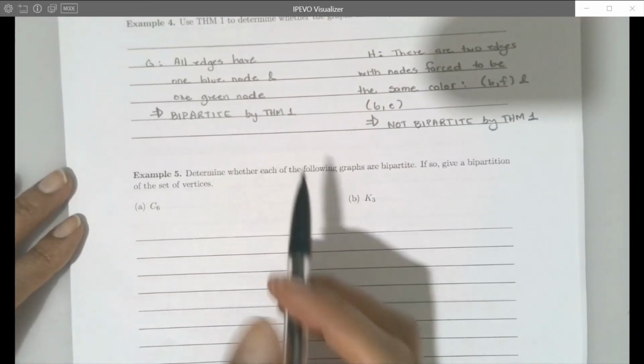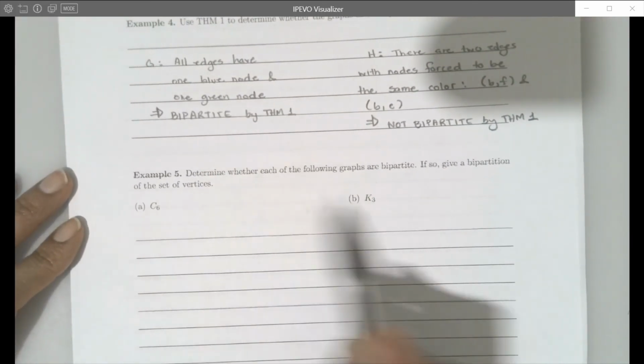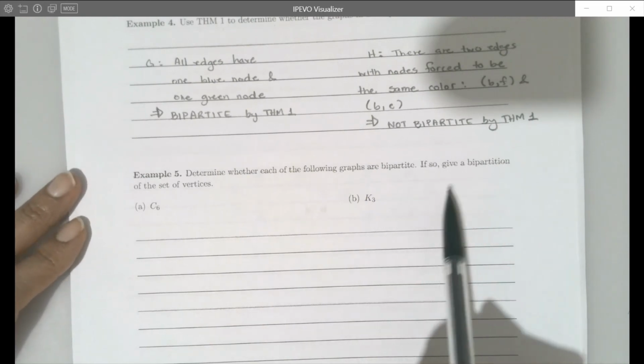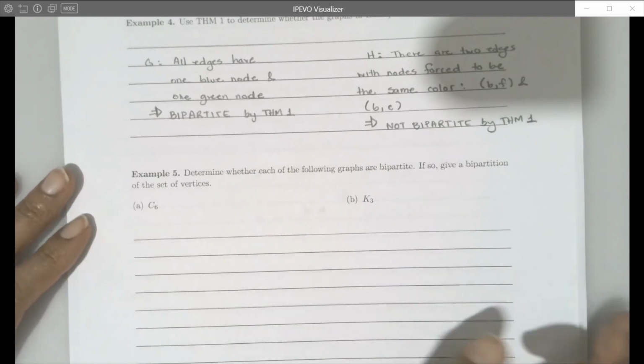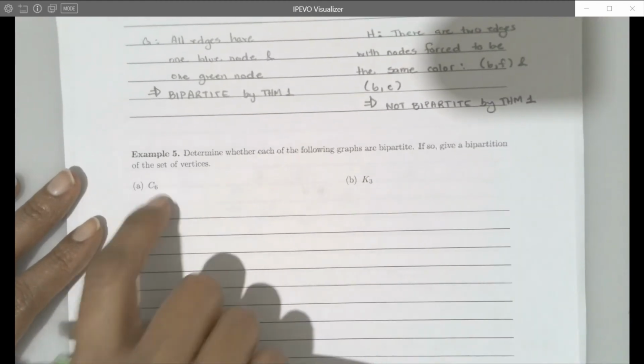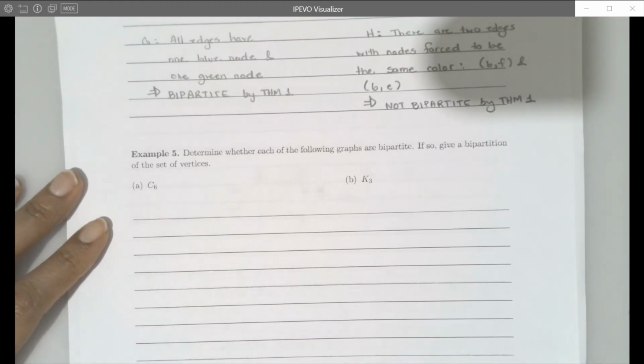Example 5 is asking us to determine whether each of the following graphs are bipartite, and if so, we want to give a bipartition of the set of vertices. So let's start with the cycle with 6 nodes.